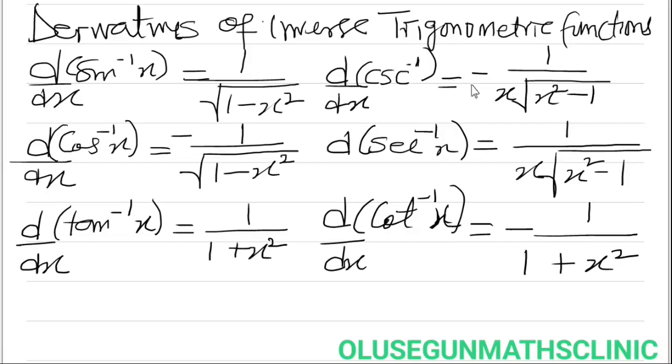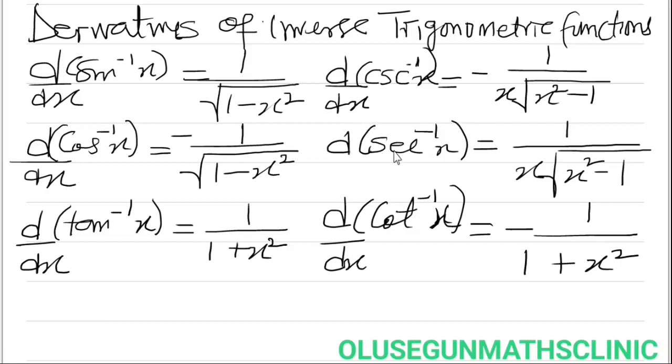The derivative of inverse cosec x, this is cosec x, will give us minus 1 over x, bracket open, square root of x squared minus 1.